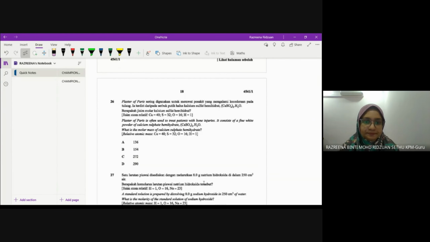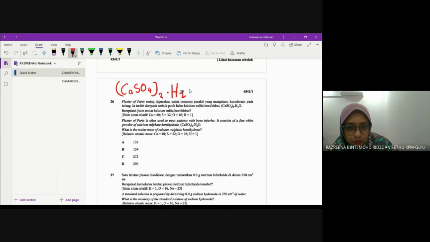26. Plaster of Paris is often used to treat patients with bone injuries. It consists of fine white powder of calcium sulfate hemihydrate. What is the molar mass of calcium sulfate hemihydrate? So here you have to calculate. They have CaSO4 dot H2O.